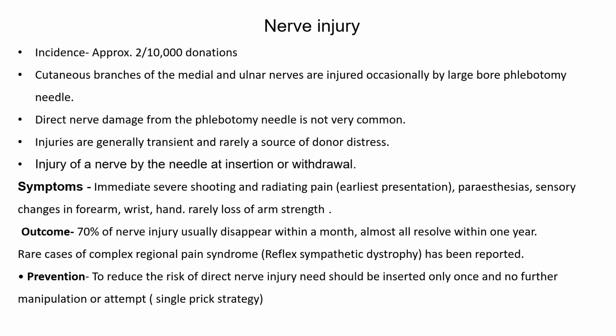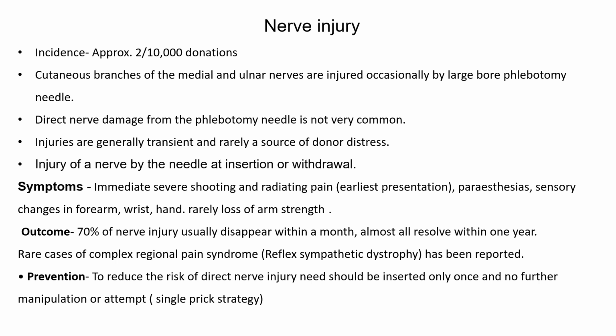Nerve injury: the cutaneous branches of the median and ulnar nerves can occasionally be injured by the large-bore phlebotomy needle. These can directly damage the nerve during phlebotomy, but this is not very common. Injuries are generally transient and rarely a source of donor distress. Injury of a nerve by the needle occurs when we are inserting the needle or when we are withdrawing it.